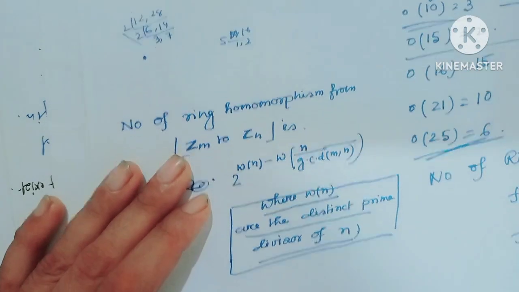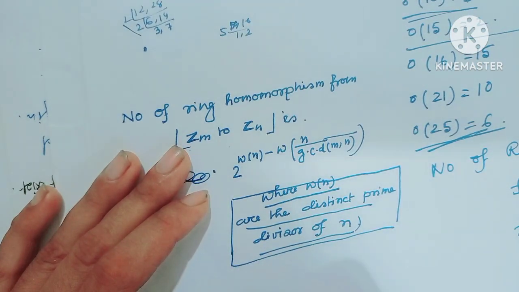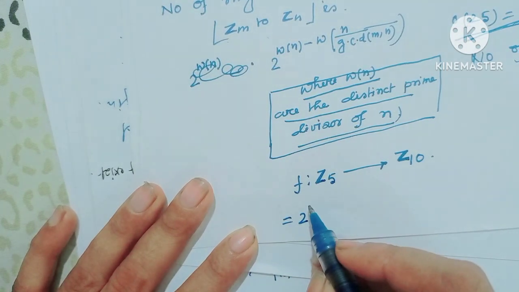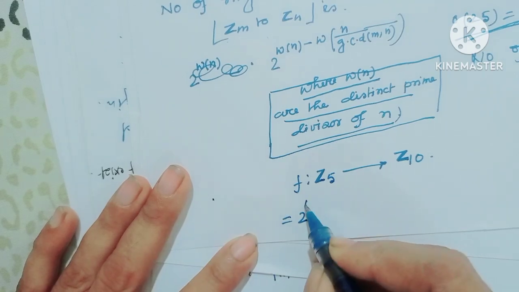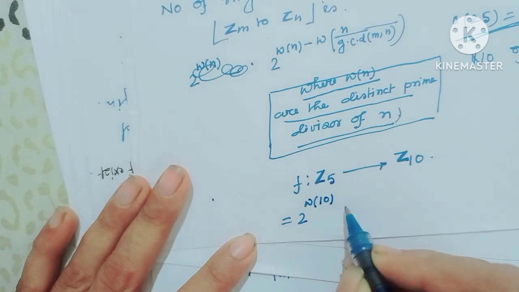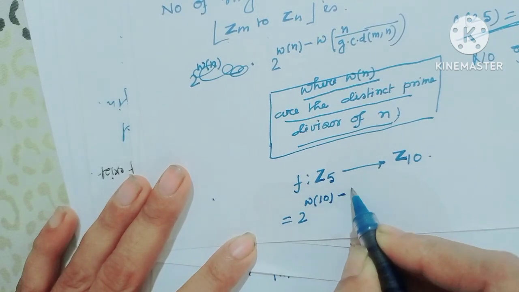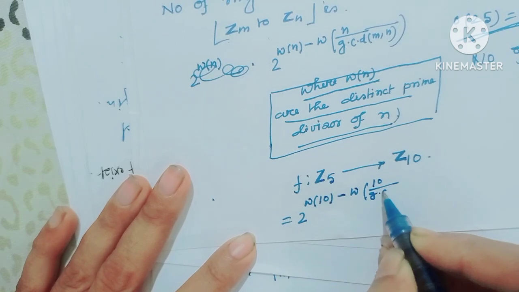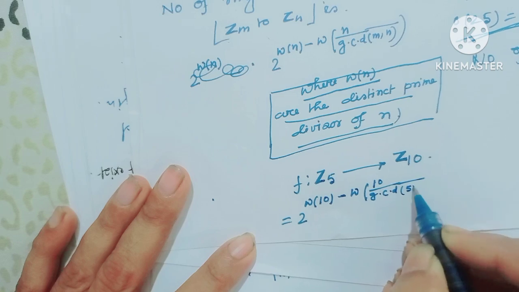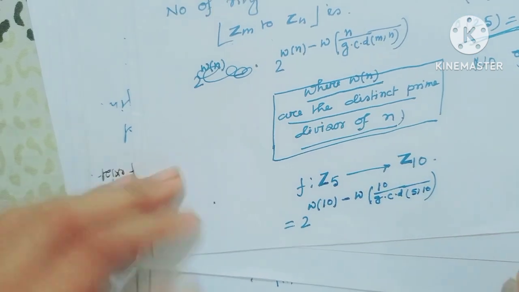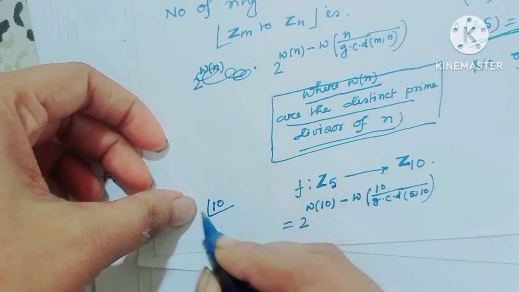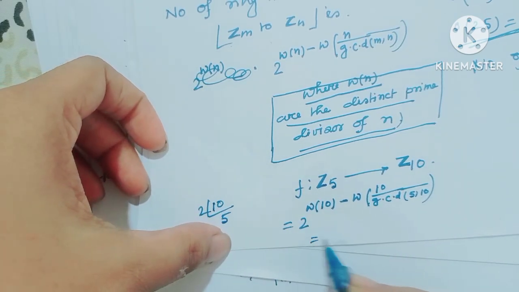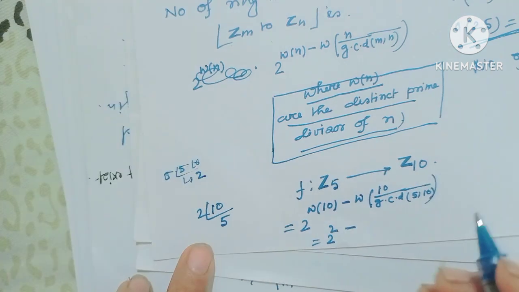As an example, for f from Z5 to Z10, the rule would be 2 to the power omega of 10 minus omega of 10 over GCD of 5, 10. 10 is 2 times 5, so there are two prime divisors, giving 2 to the power 2.